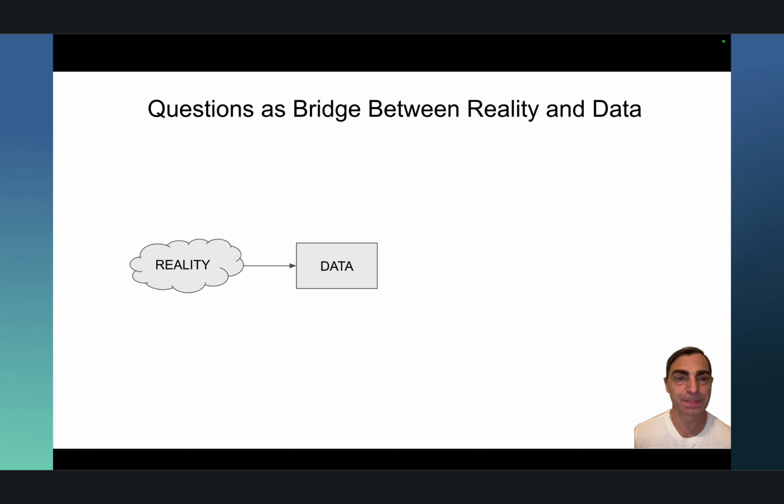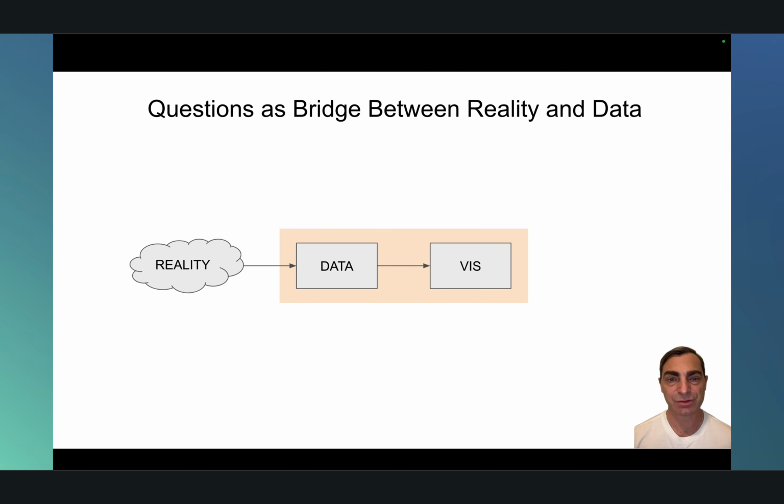So typically we have that reality, and some data generated that describes aspects of that reality. Then we have data visualization, the visual representation, which is the tool that we use. And then we have a person who analyzes the data through visual representations to understand that reality.